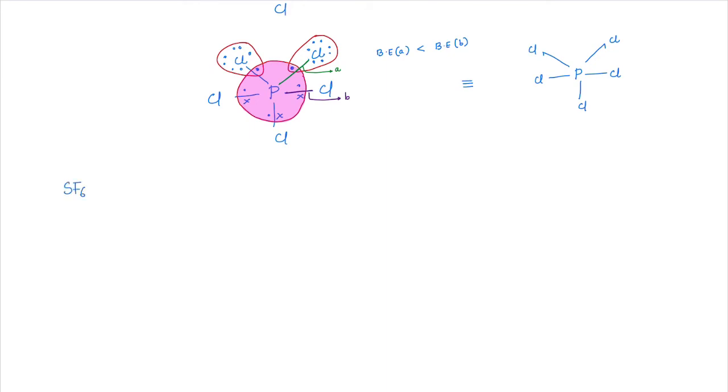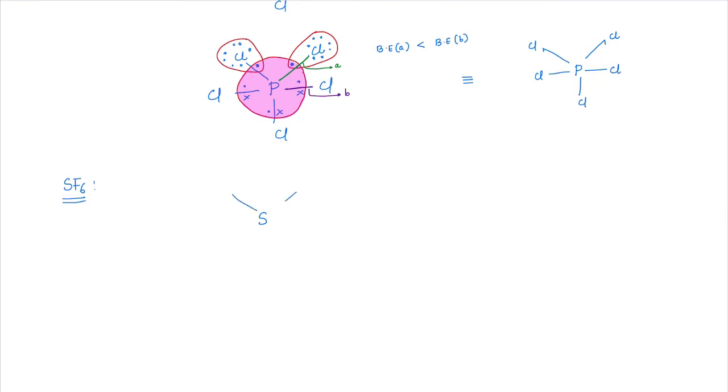Similarly, if you write it for SF6 also, there are different energies that might be coming. So sulfur, there are only 2 bonds which are single bonds and the remaining 4 bonds are singlet bonds.